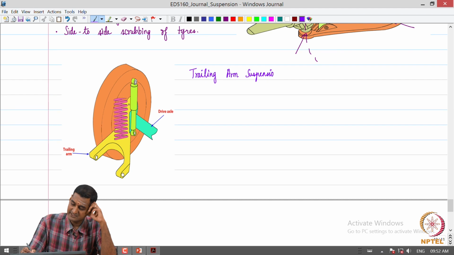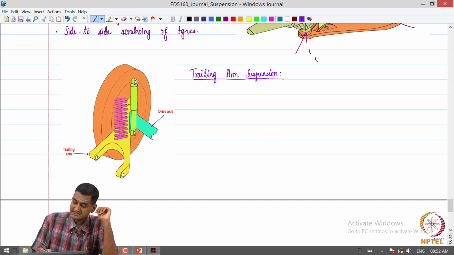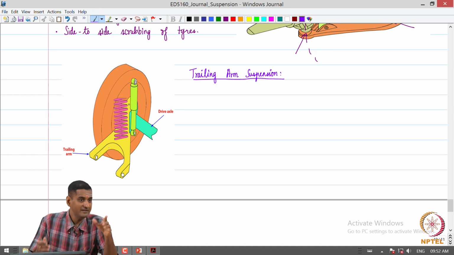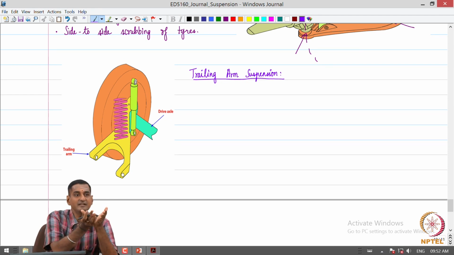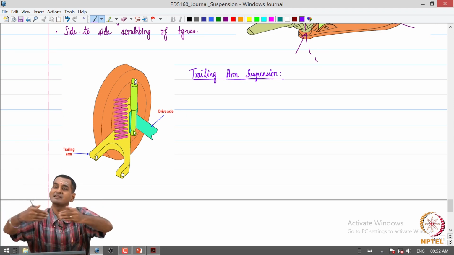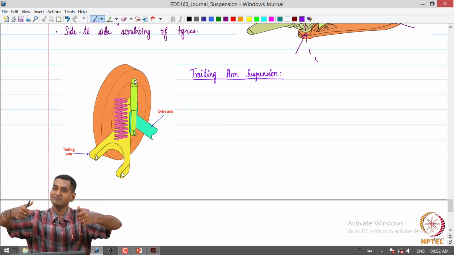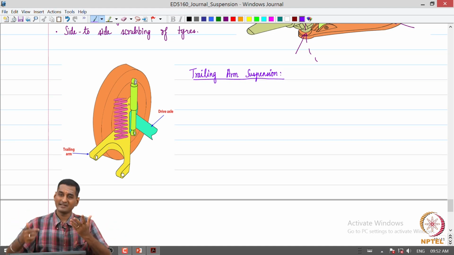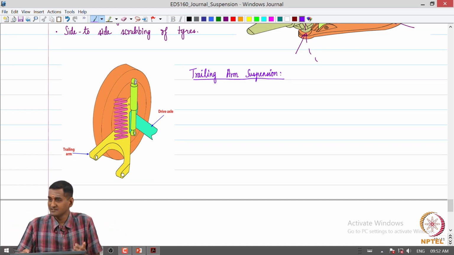We can observe that there is a spring and a shock absorber and there is no wishbone. The wishbone essentially projected into the vehicle along the lateral direction. The trailing arm comes along the longitudinal direction. That is why it is called a trailing arm.